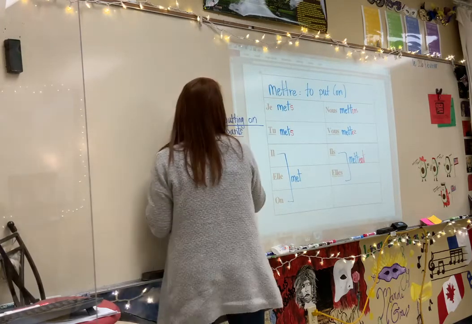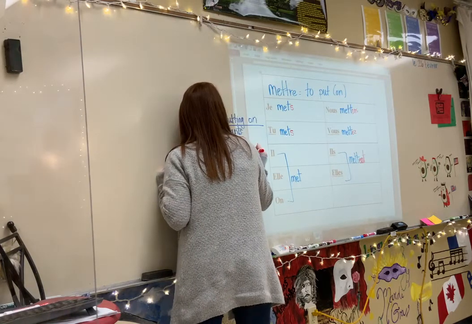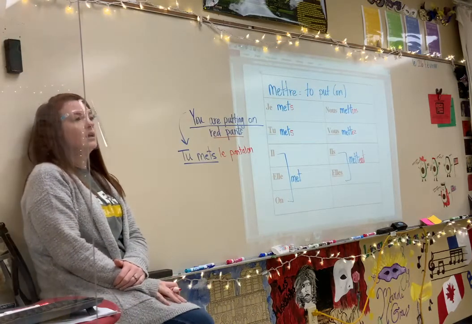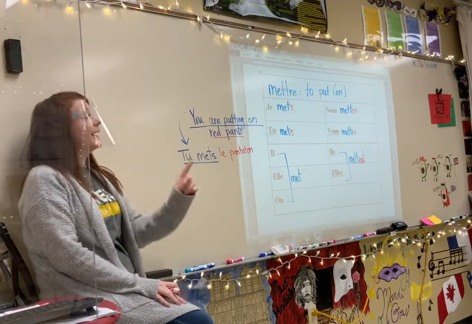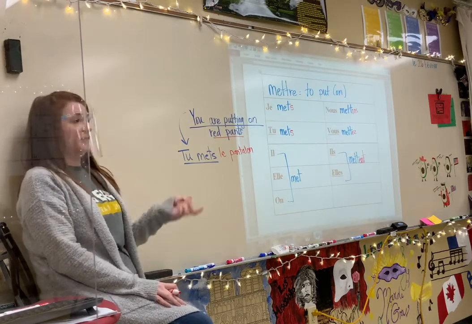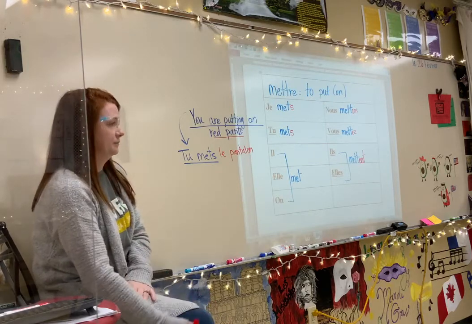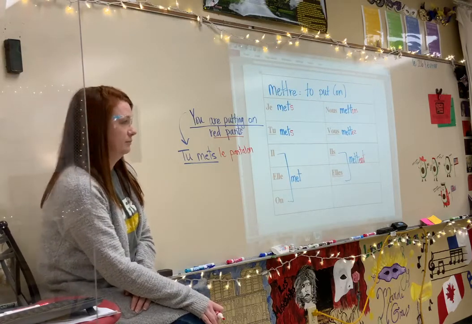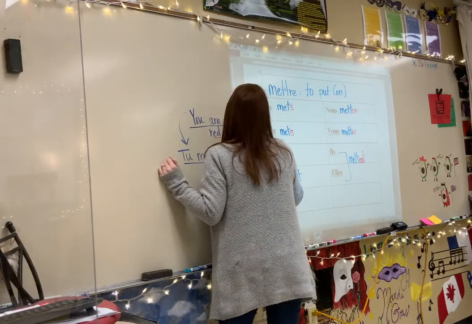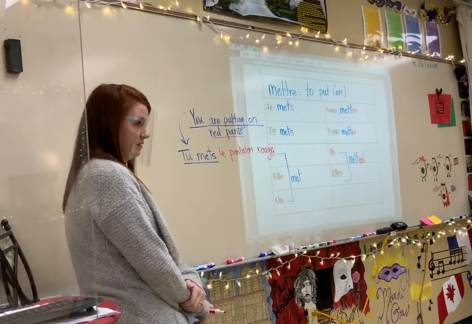Yes, because masculine. Why not L-E-S? Because it's like one single. Yeah. You're putting on one pair of red pants, not 2 or 3 or 4 or 5 pairs of red pants. Okay? How do you spell red and where does it go? Rouge. No, because it's masculine. Rouge always has an E on the end, even when it's masculine.